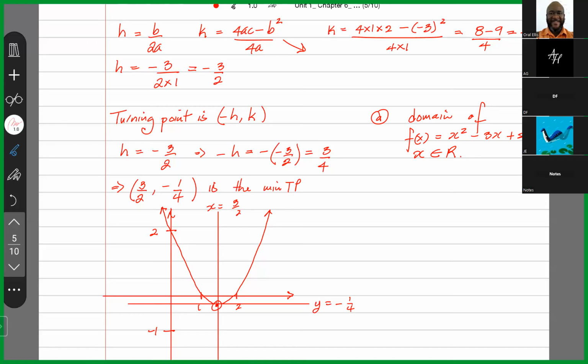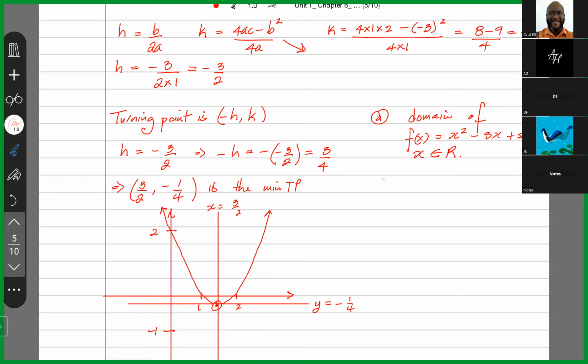Now, this graph, however, does not exist below the line y is equal to minus a quarter. So for y is equal to minus 1, this graph does not exist. The graph does not go below y is equal to minus a quarter.